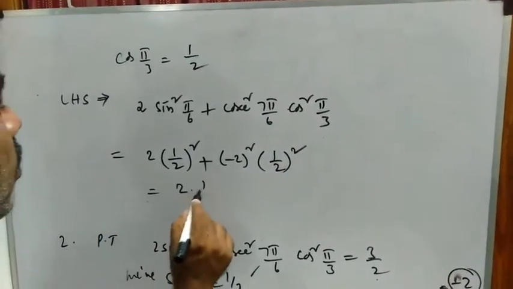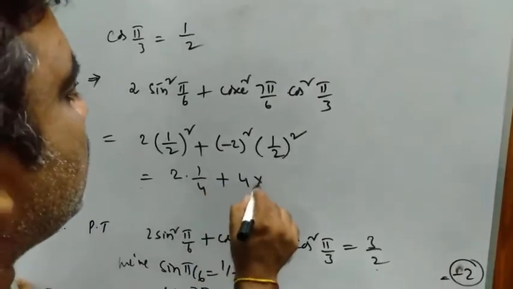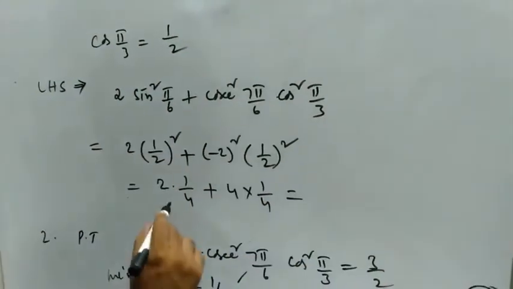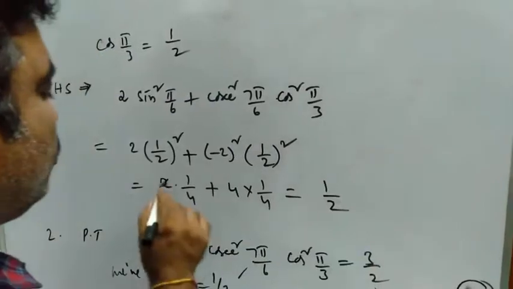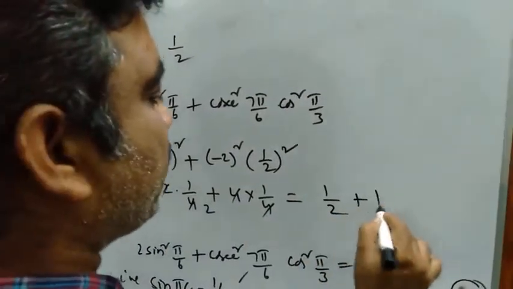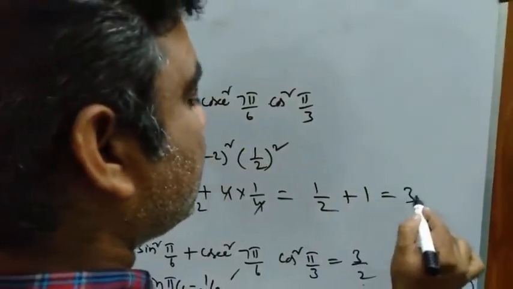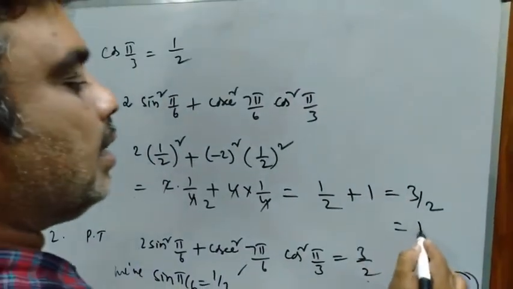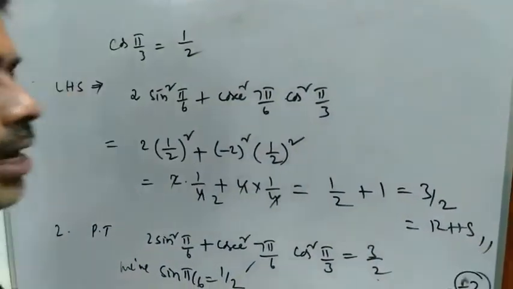This is 2 into 1 by 4 plus 4 into 1 by 4. That is 2 by 4, 1 by 2, plus 1. So 1 and a half, that is 3 by 2. That is the required solution, RHS.